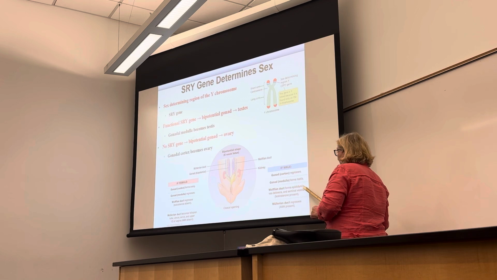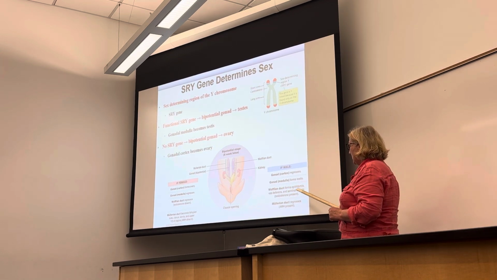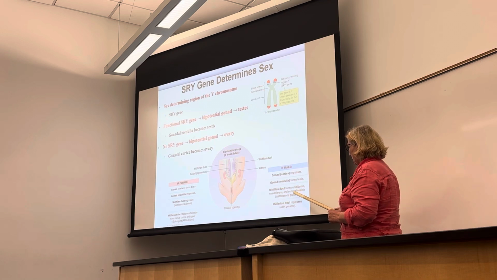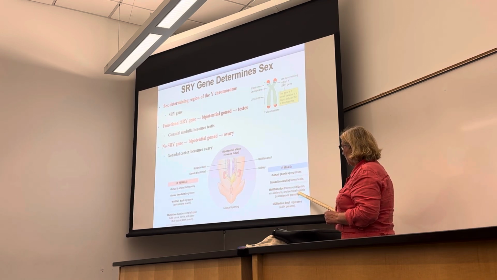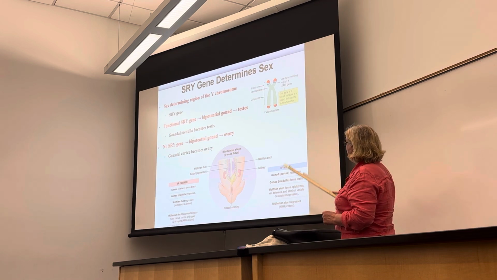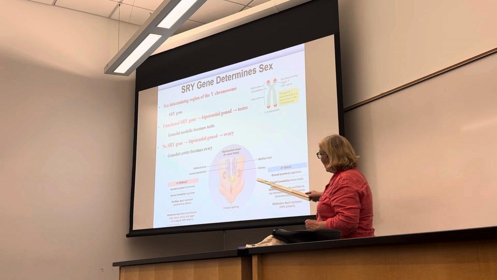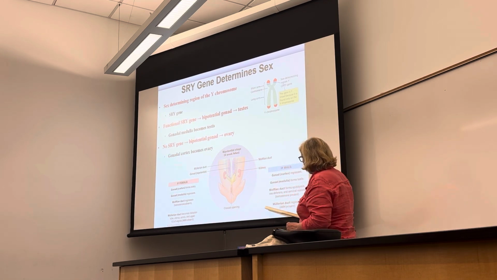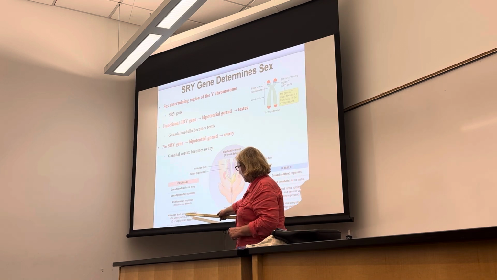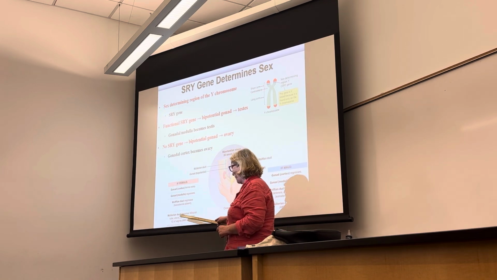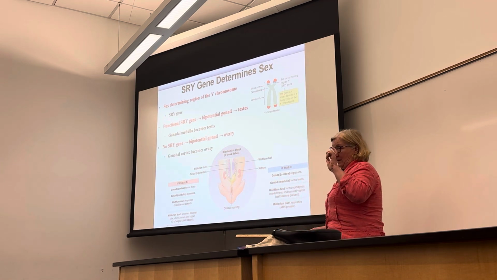But if male, meaning the SRY is present, the Wolffian duct will form epididymis, vas deferens, and seminal vesicle, and that would only be possible with the sex-determinant chromosome build. And then the Mullerian duct, this one in blue, will regress. If no SRY gene, the Mullerian duct will become fallopian tube, uterus, cervix, and upper half of the vagina.